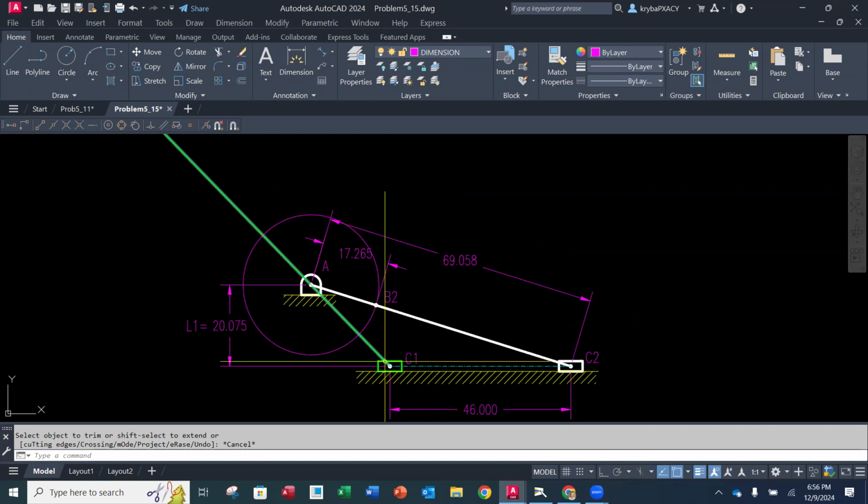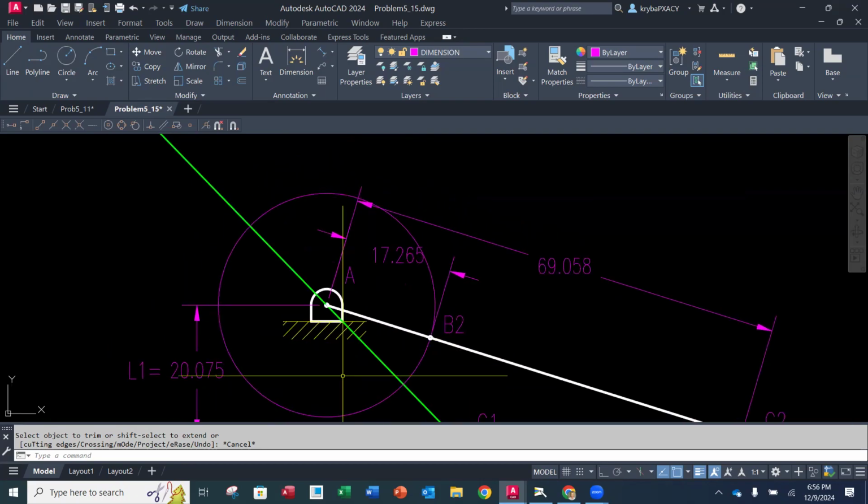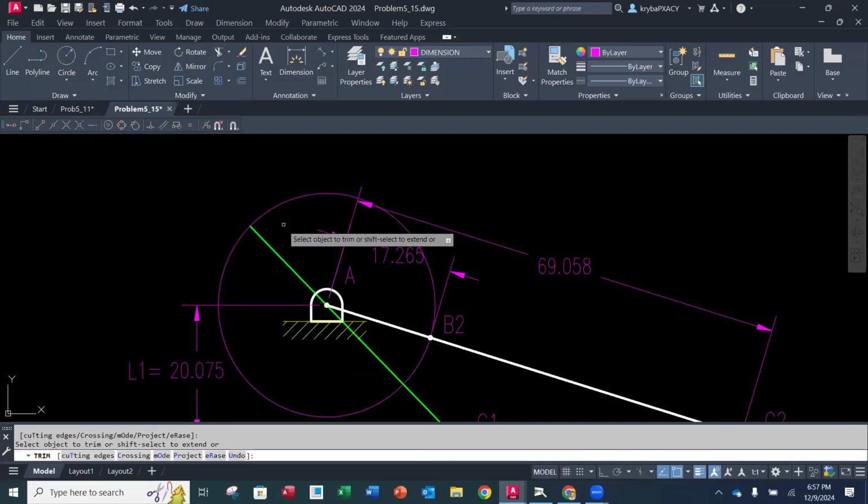Okay. Now the other one that we have is going to be along the green line. I'm going to trim back along here.